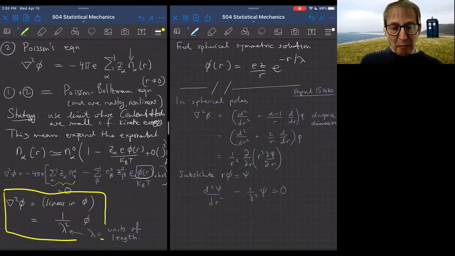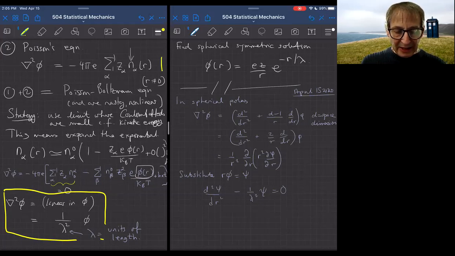Then we said, how is that potential determined? That's answered by electrostatics. If I know the charge distribution, then I know what the potential is, and that's given by Poisson's equation. So we wrote down Poisson's equation, equation number 2 over here.